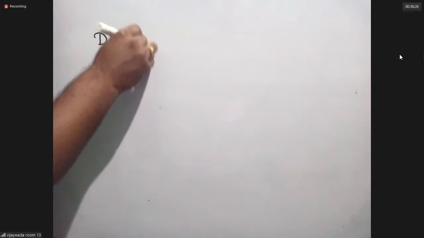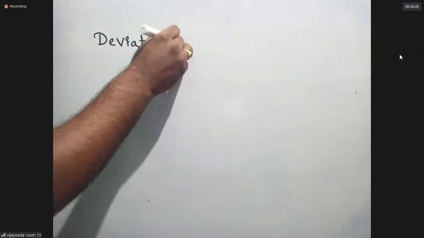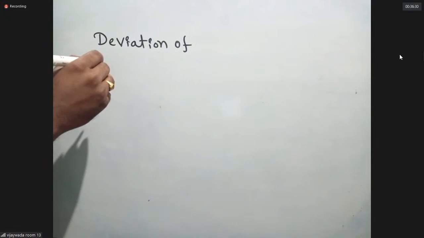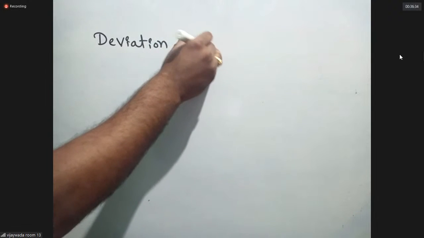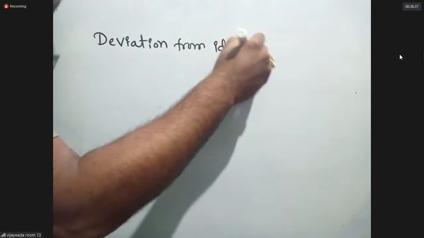And the next concept is deviation from ideal behavior.